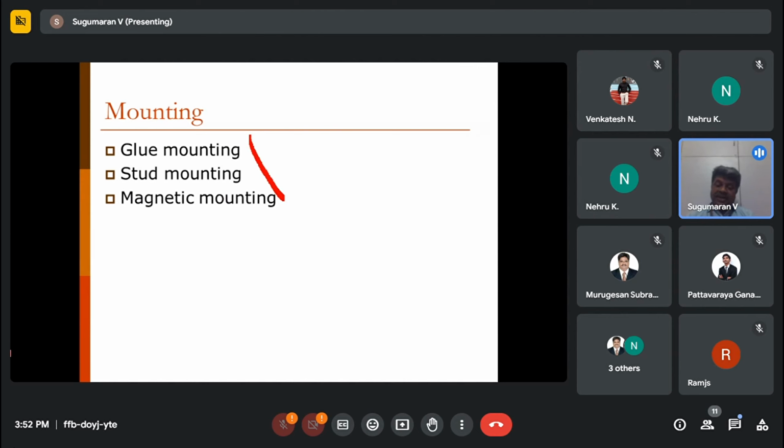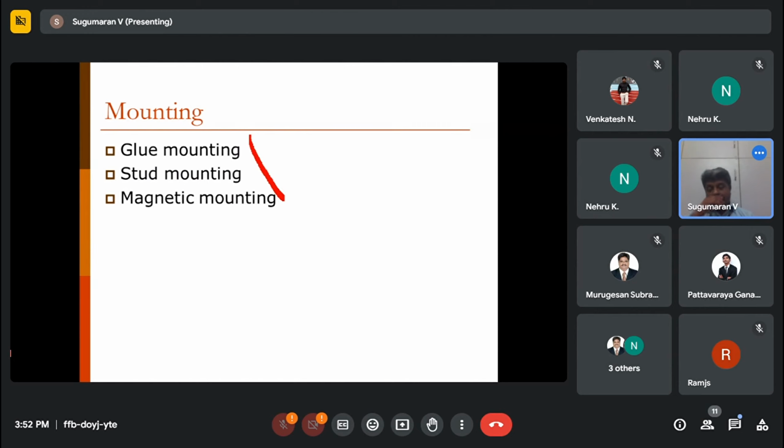You find the place on the machine where you have to take the vibration signal, make a small hole, maybe 1 mm or 1.5 mm in diameter, and use a tapping machine to make small threads. That's called the tapping operation. You make small threads and also make a corresponding stud, and fasten the stud into the threaded hole that you have made.